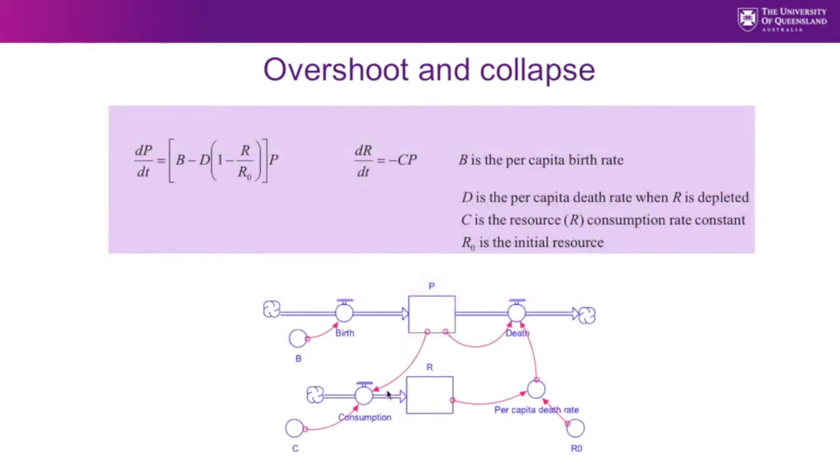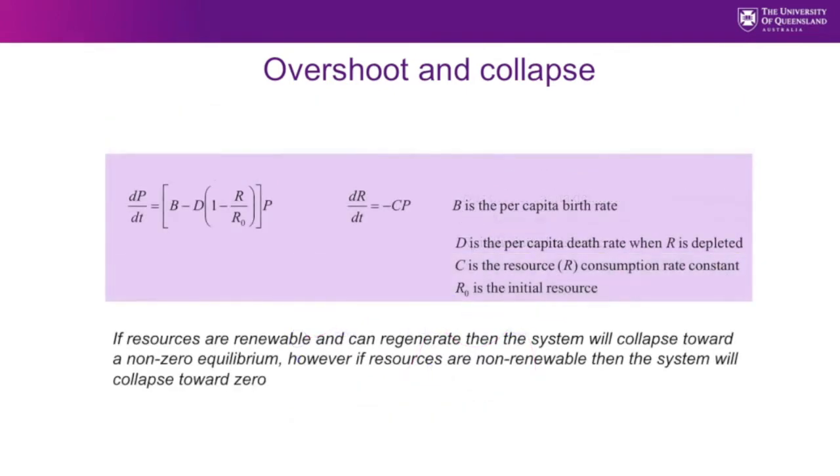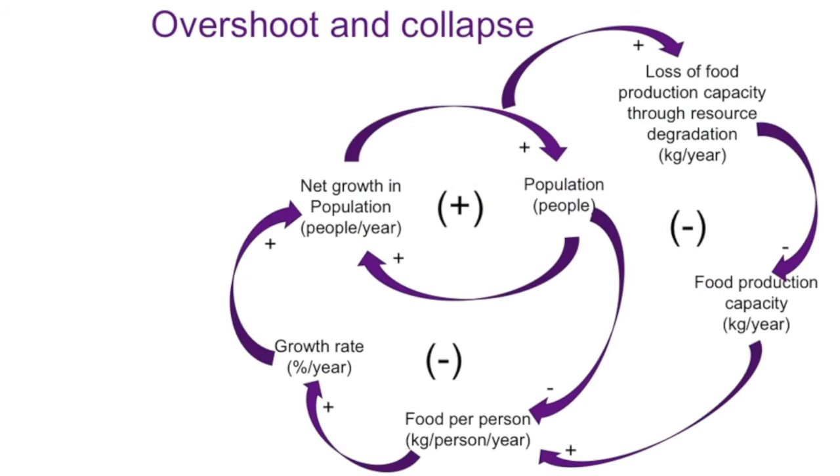Clearly, we can see that in this case, even if it's in the other direction, we have a causal loop diagram that can be generated with feedback loops. So this is how the causal loop diagram of the overshoot and collapse will look.